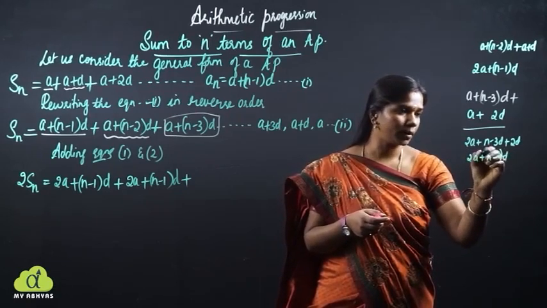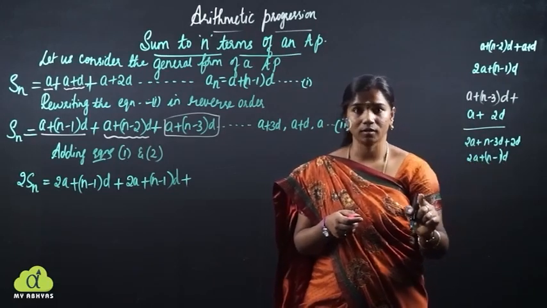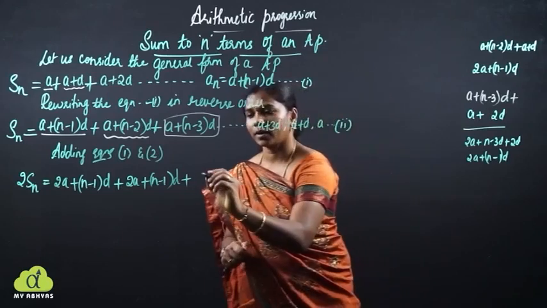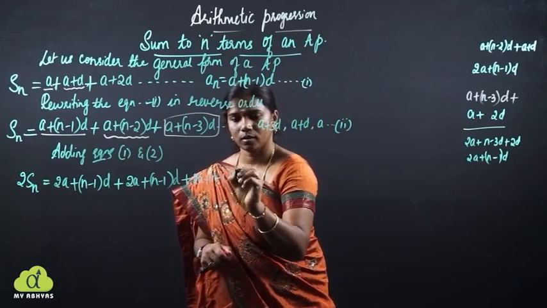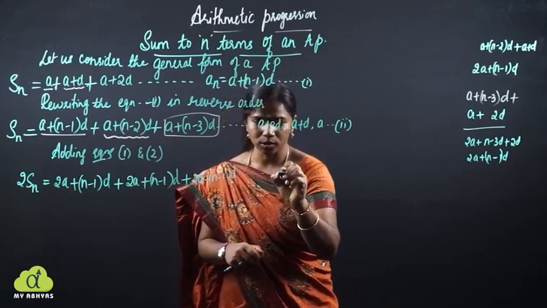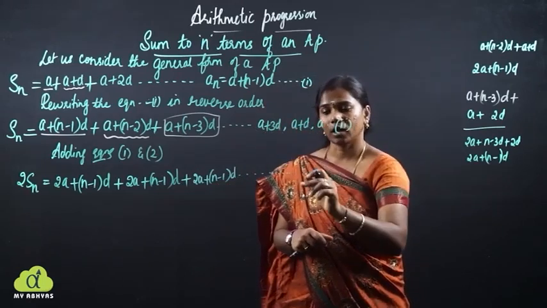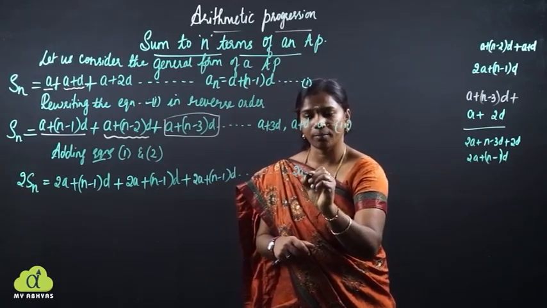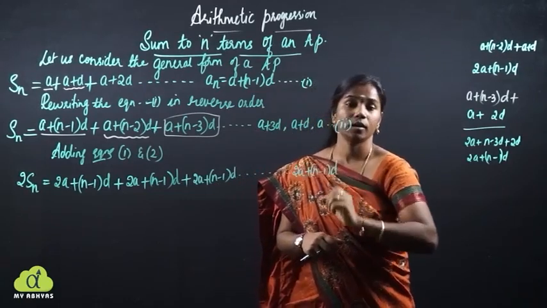You can take d common here. So it is 2a plus n minus 1 into d only. Clear to you? So just write it. If you continue this process till the end, we are going to get again 2a plus n minus 1 into d only.